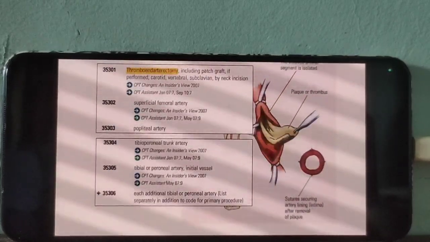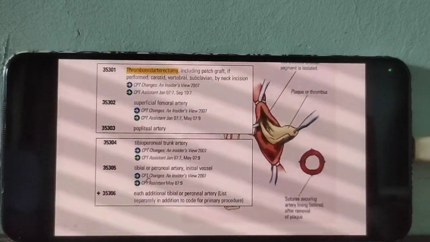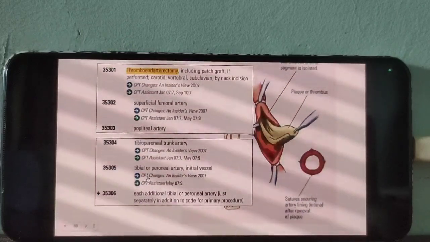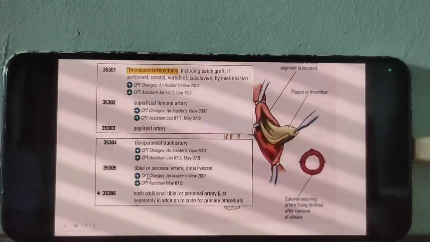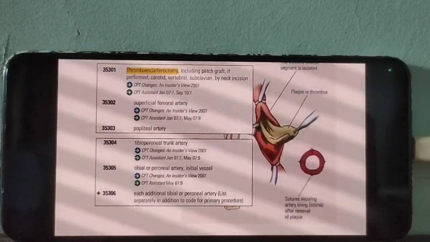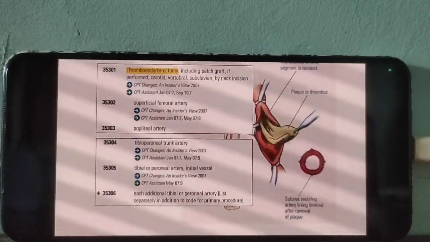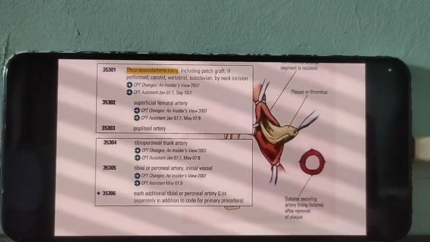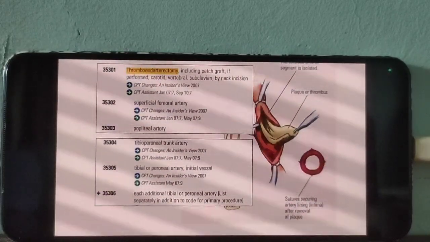Then, what is the meaning of endarterectomy? I told you in our last class.